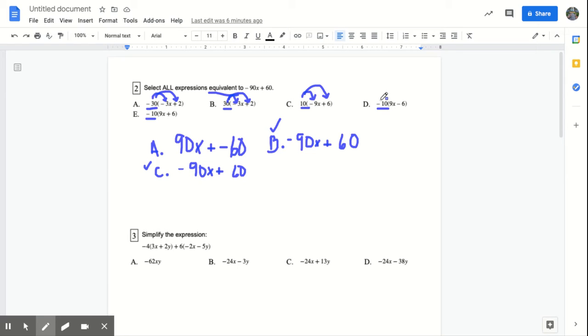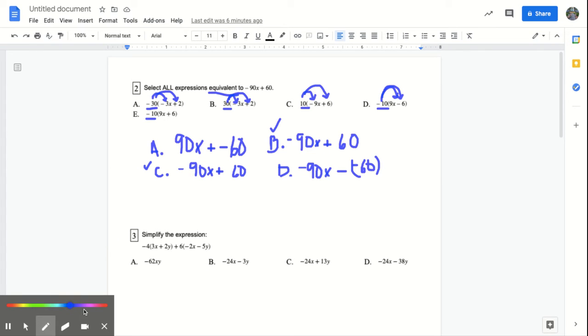All right, on the next one, let's go ahead and multiply the two numbers. Letter D, we have negative 10 times positive 9. That's negative 90x. Minus, okay, negative 10 times 6 is negative 60. Now, at first glance, you're probably thinking, well, this one doesn't look like it's going to work.